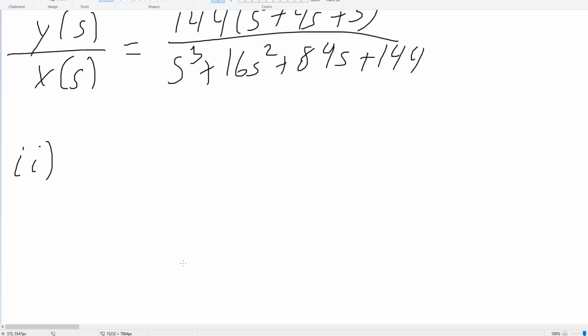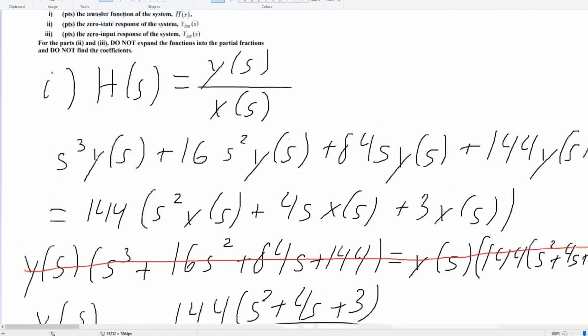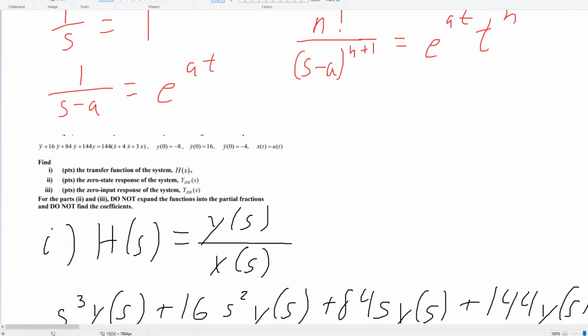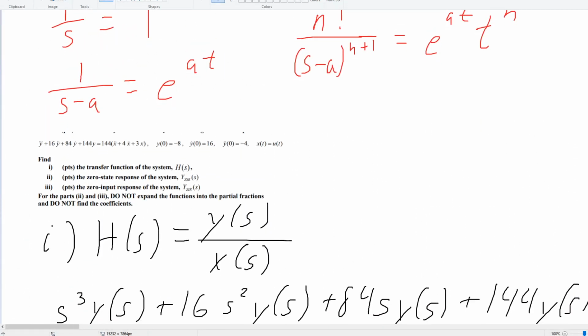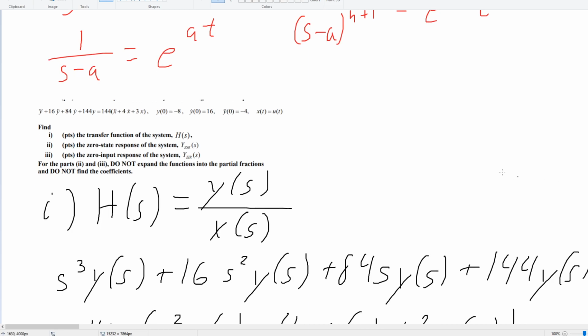It's saying find the zero state response of the system, y_ZSR. So what we're going to do is focus on this and the formula we just found before. x(t) is equal to u(t).